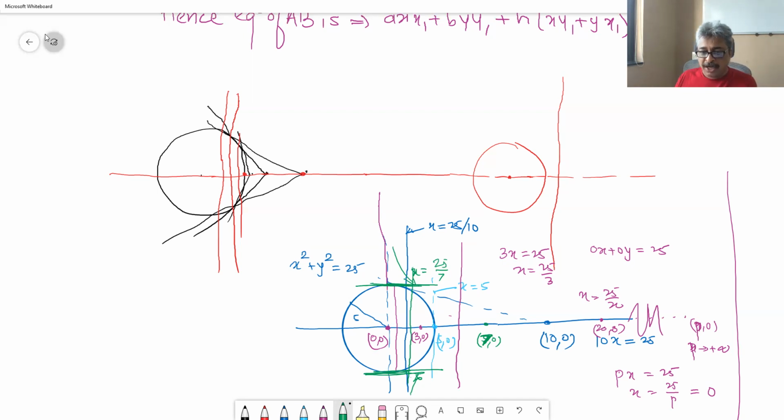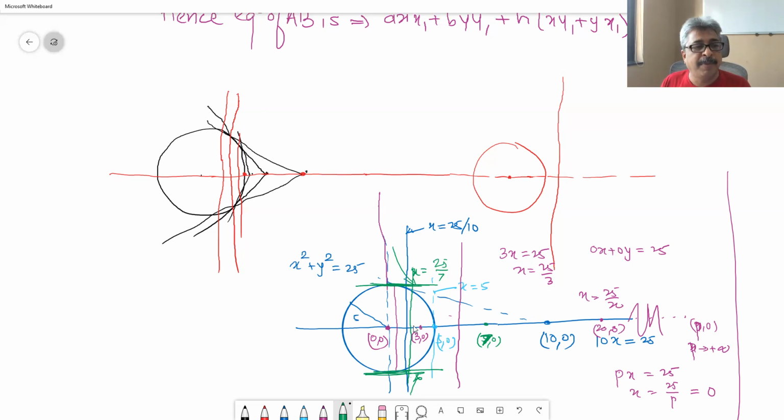Now, in geometry, you would have said, sir, the point is inside the circle, I cannot draw tangents, or I cannot get the chord of contact. But if the point is inside the circle, you will still be able to get the chord of contact. There will be tangents which will be imaginary.